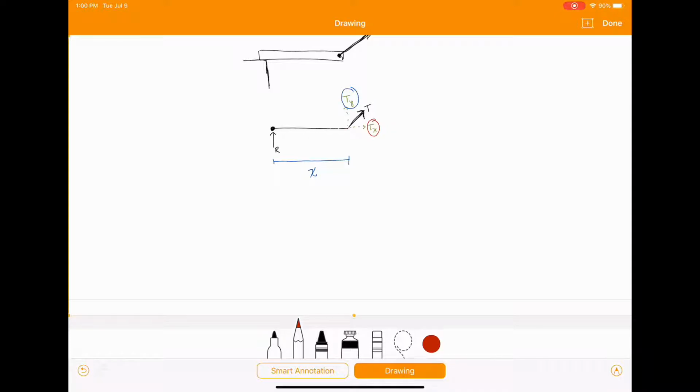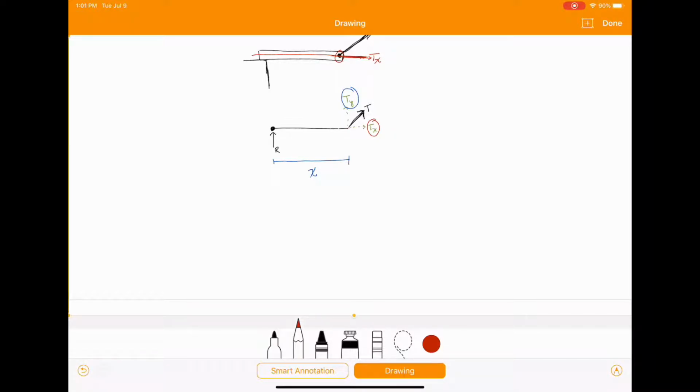And the reason that that perpendicular distance for the X force is 0 is because that tension force is acting through the center of that beam. And so the X force actually aligns with that axis.